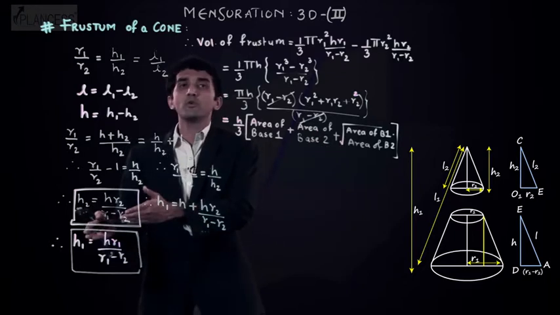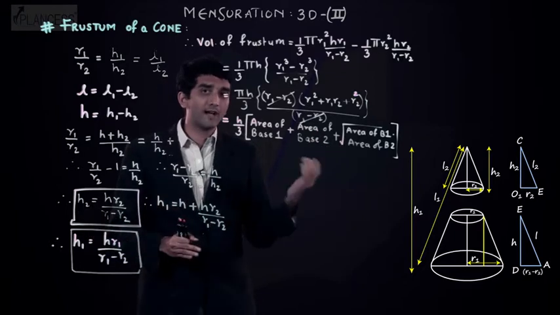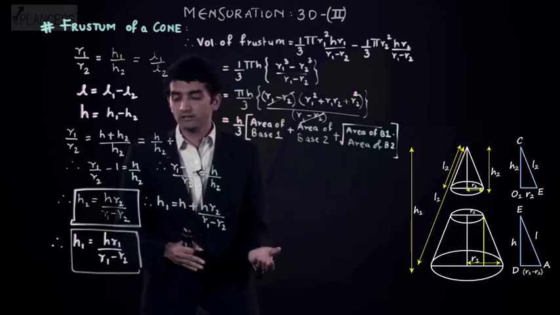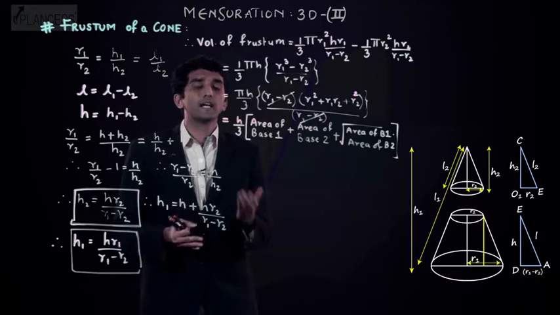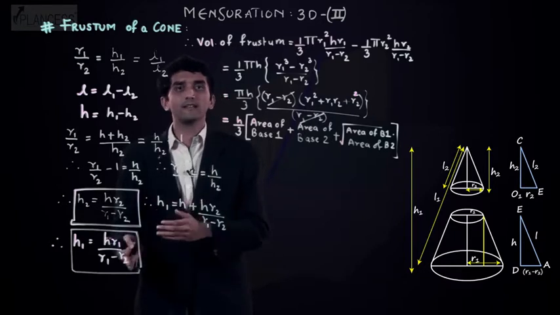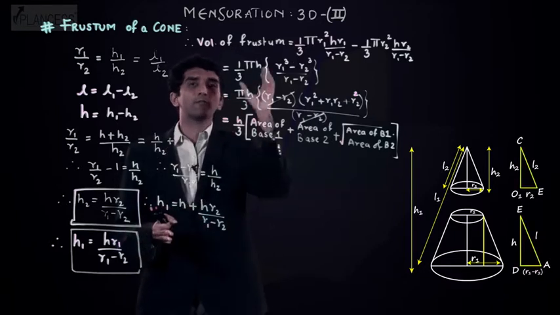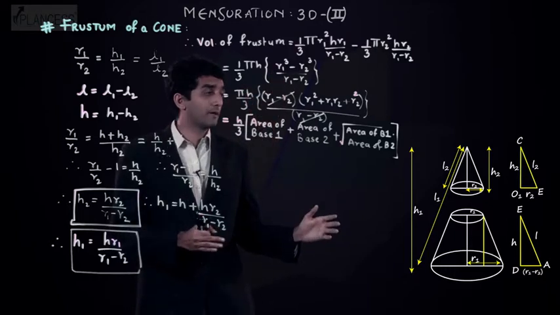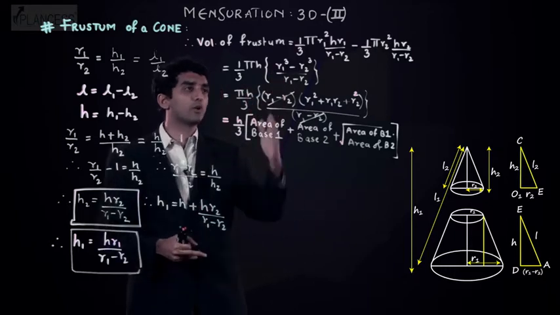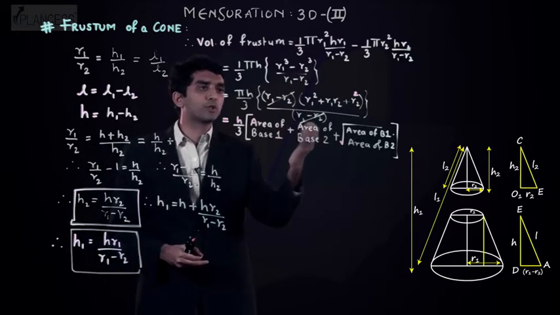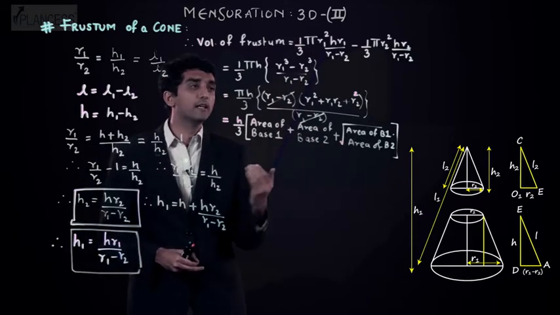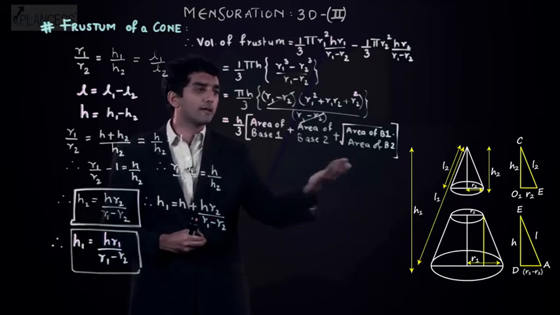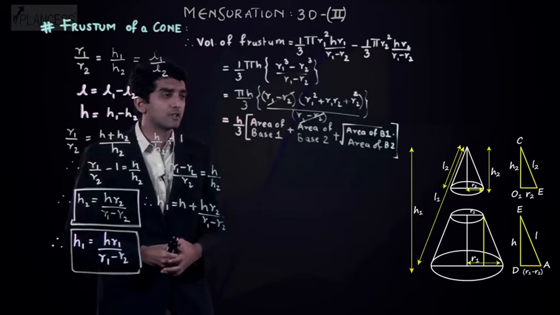So we found those values in terms of the values which will be a part of the frustum. So basically H, the height of the frustum, R1 and R2, the radii of the bottom base and the top base, and then using all these values, we derived the frustum volume as the volume of the bigger cone minus the volume of the smaller cone, and then simplified it to pi h by 3 into R1 square plus R1 R2 plus R2 square, or it can be written in this form as well.